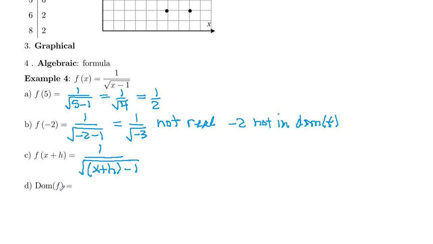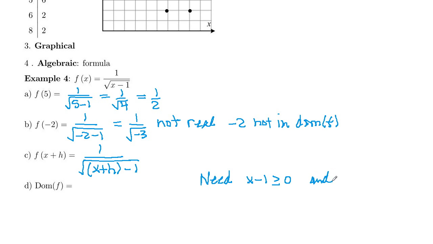And then how about our domain? Well, we've got a square root there. You can't have a negative under a square root. So we need x minus 1 to be greater than or equal to 0. And we also can't have the denominator of this equal to 0.